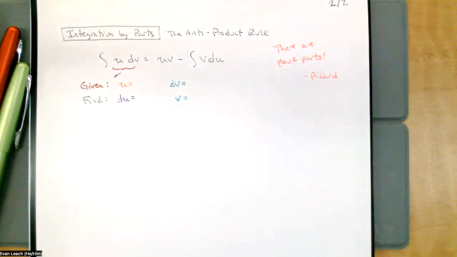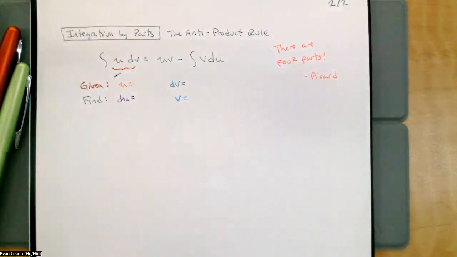So here's how we use the 4 parts. There's 2 that were given, and then there's 2 that we find. Then we put the 4 parts into the parts formula and evaluate what I will refer to as the secondary integral.